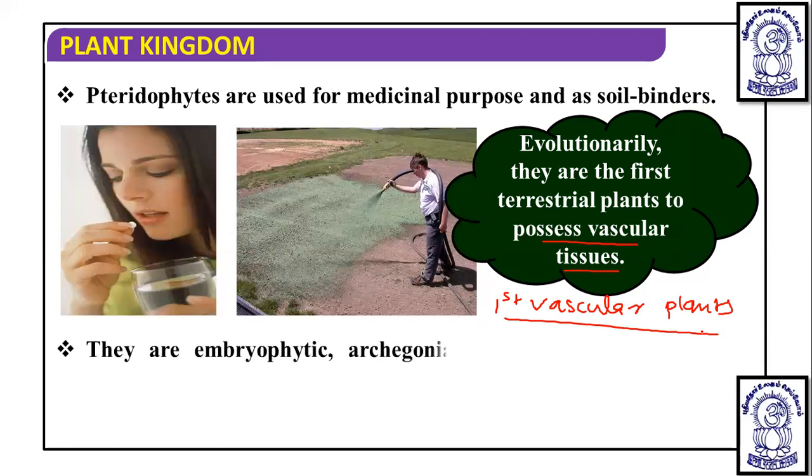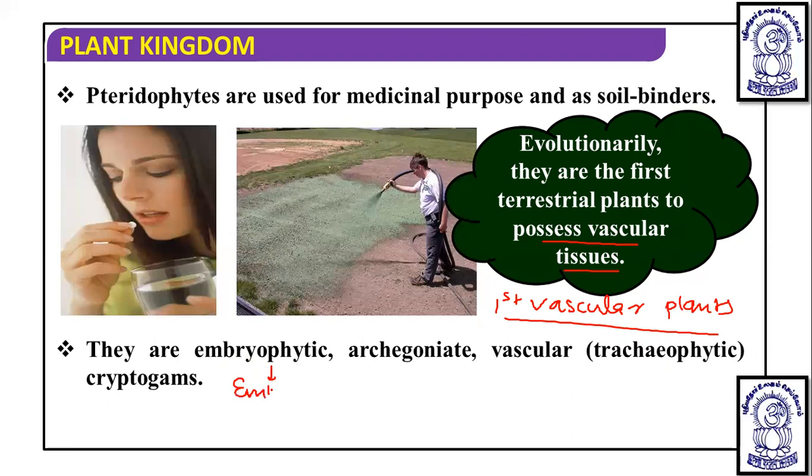Then they are embryophytic, archegoniate, vascular cryptogams. See what all these terms mean. Embryophytic means an embryo is present, which means the zygote, after mitotic division, forms an embryo.